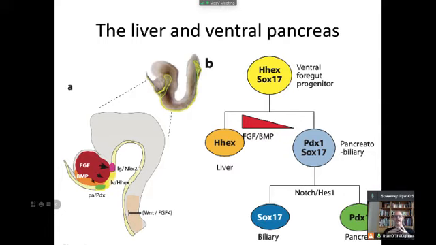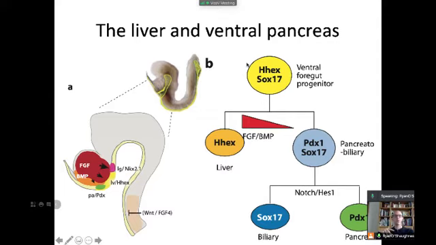So what we have is a cascade of transcription factors that progressively specify the tissues between the three separate fates that happen in this region of the developing endoderm. So first of all, we have HEX and SOX17, which serve as our ventral foregut progenitors.